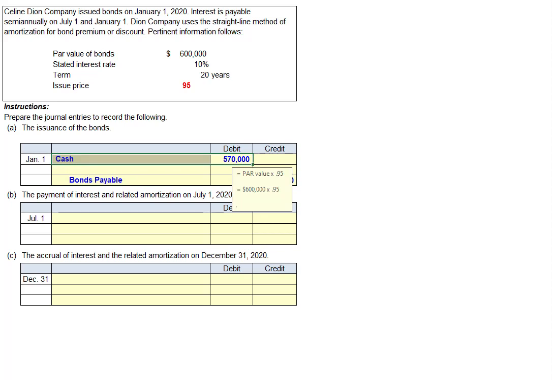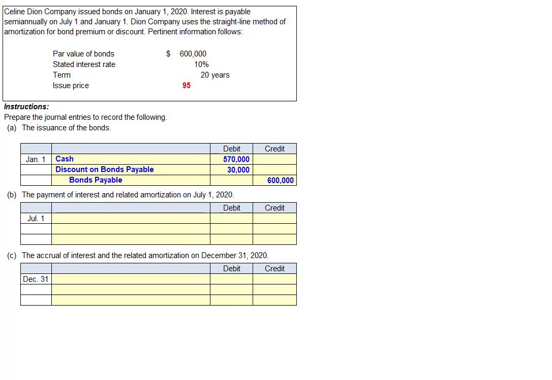That's the par value of $600,000 times 95% or 0.95. Debits don't equal credits, and so we're going to need to debit a discount on bonds payable for $30,000. We will be amortizing that discount over the life of the bonds, 20 years, on a straight line basis. And again, this is a semi-annual coupon, so it will be for 40 periods.